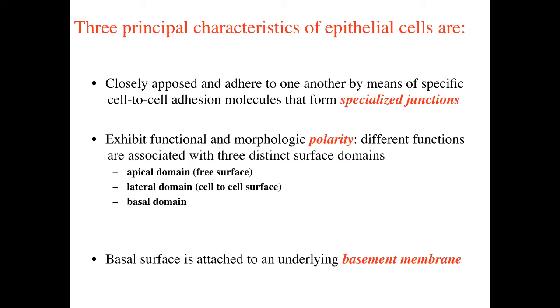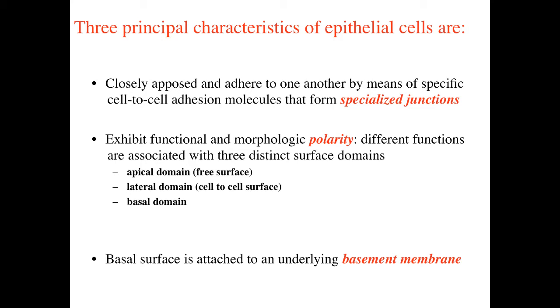Three principal characteristics of epithelium. They're closely opposed to and adhere to one another by means of specific cell-to-cell adhesion molecules. These molecules can form specialized junctions, and we will look at these in a little bit. Epithelium can exhibit a functional and morphologic polarity, so different functions can be associated with 3 distinct surface domains on epithelium.